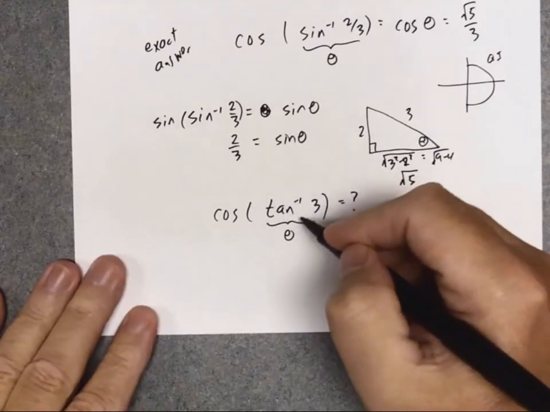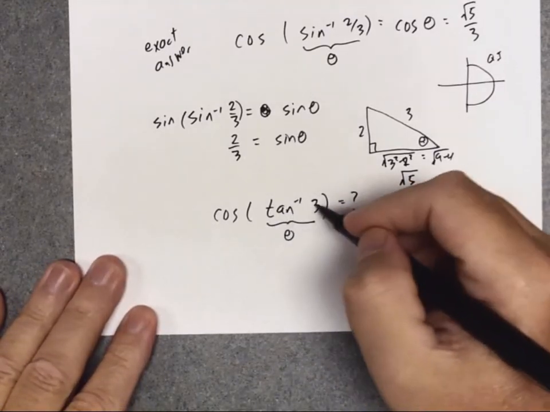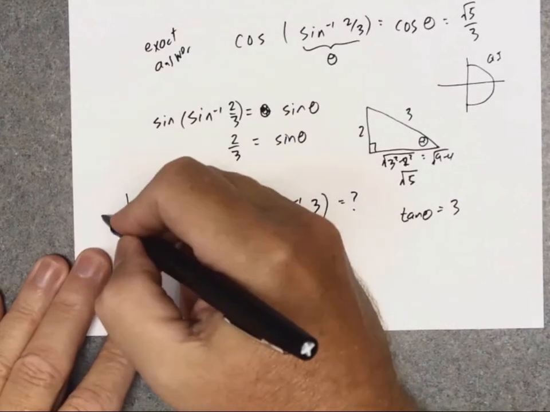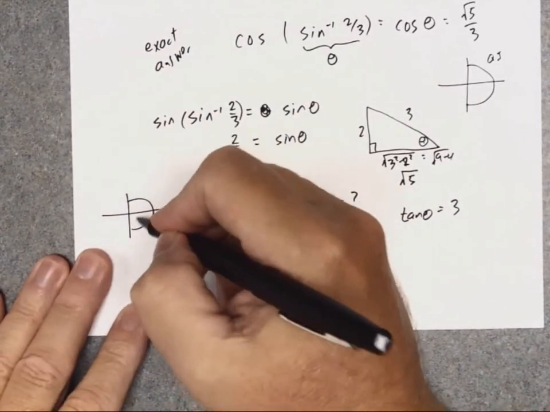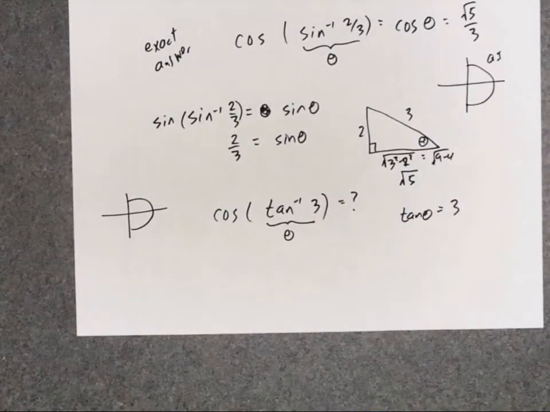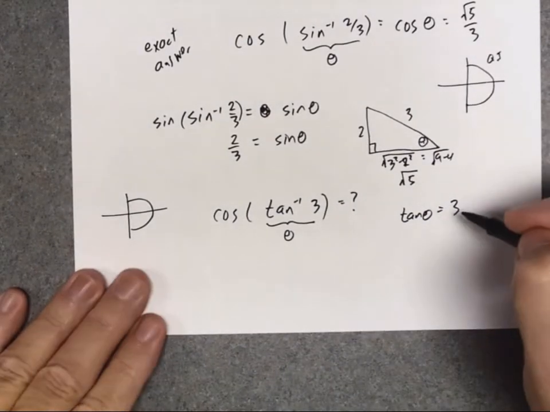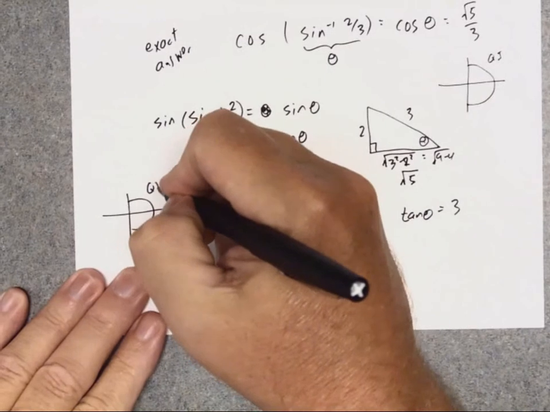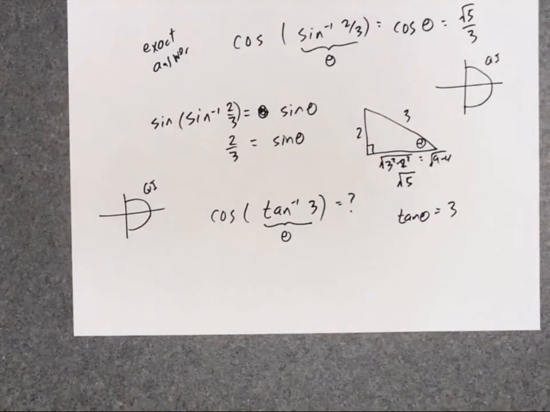Now let's figure out which quadrant theta is in. Inverse tangent, right, has to be between negative pi over 2 and pi over 2, either quadrants 4 or 1. Since the tangent's positive, once again, I'm in quadrant 1. So I keep that in mind as I solve this problem.